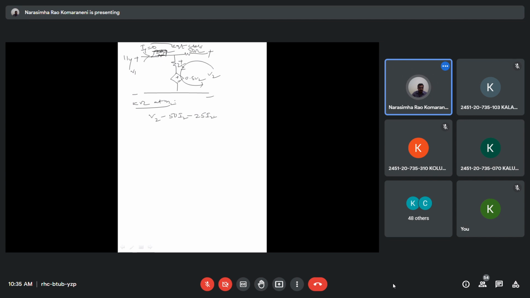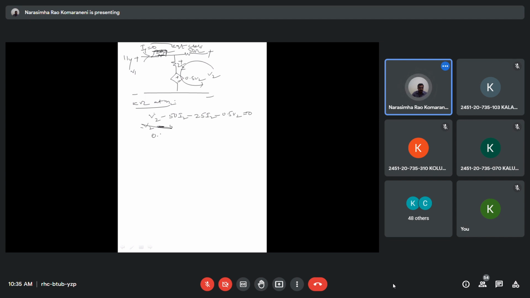Writing with KVL. Minus 0.5 V2 equal to 0. So therefore V2 equal to, so here, this is V2, this is 0.5 V2.